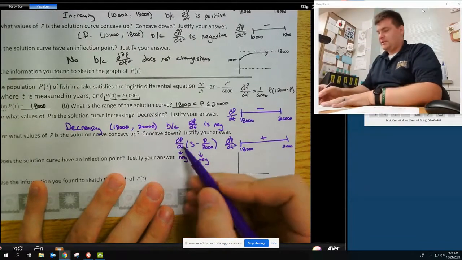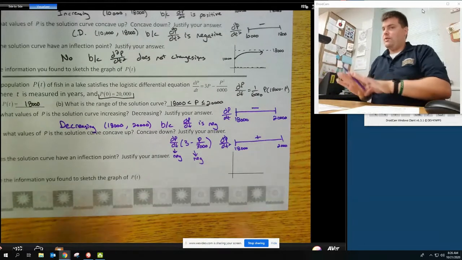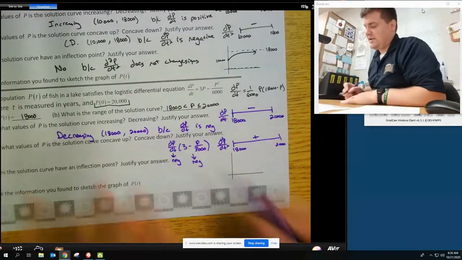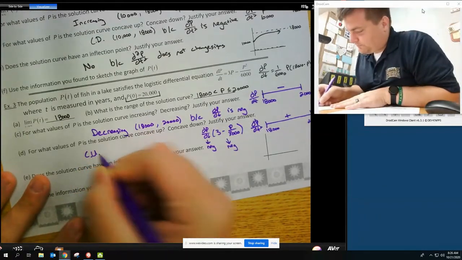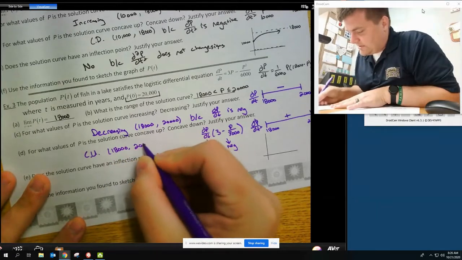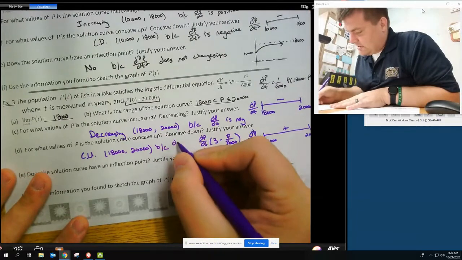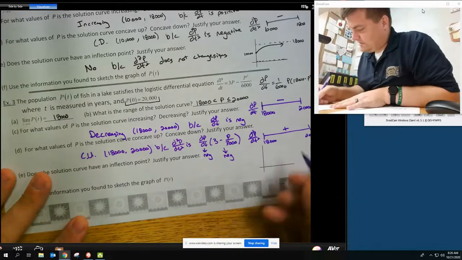So the difference here is my dp/dt, which before was always positive. Since I'm now past that critical point of 18,000, it changes to negative. So in this case, I'm only concave up from 18,000 until 20,000, and this is because the second derivative is positive.